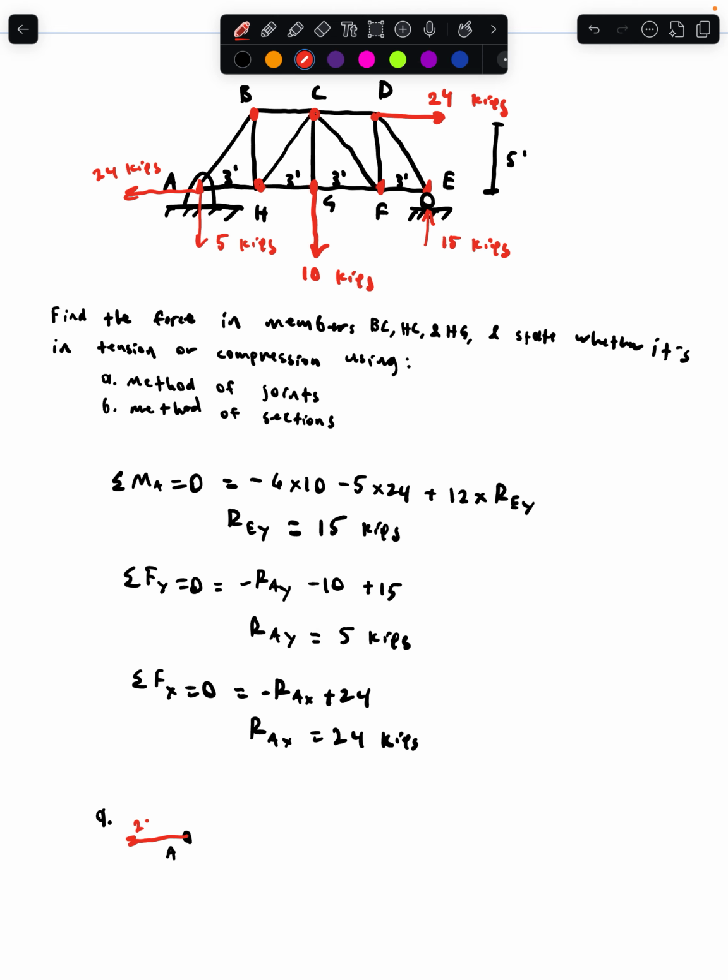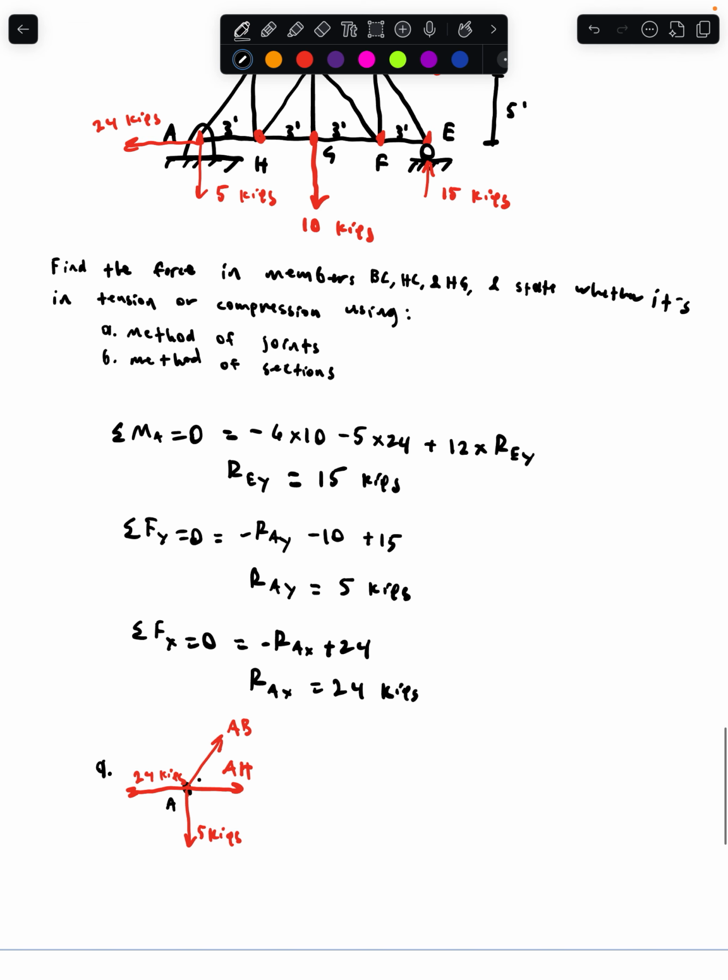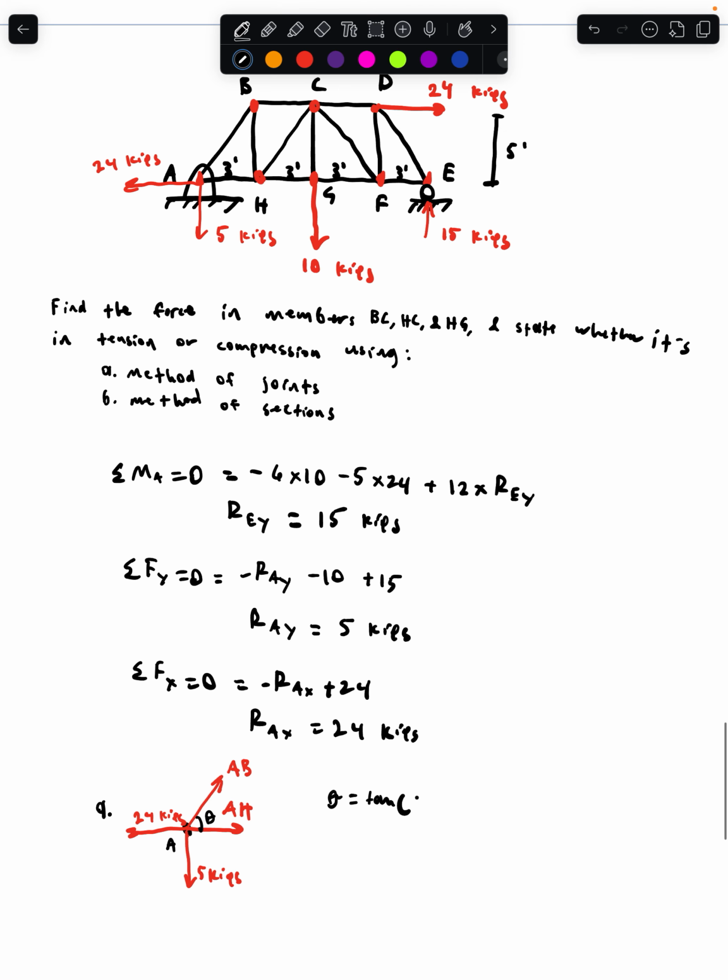So we got 24 kips, 5 kips, and then we have our member force AH and our member force AB. So we have an angle here we can find real quick. So that's going to be the tangent of the opposite, which is 5 feet, over adjacent, which is 3 feet.